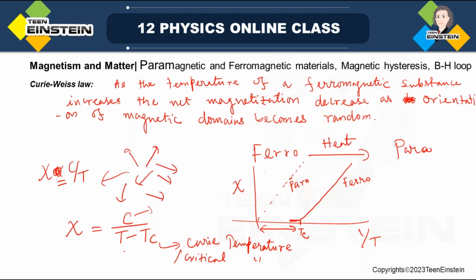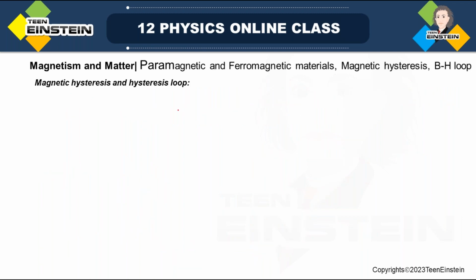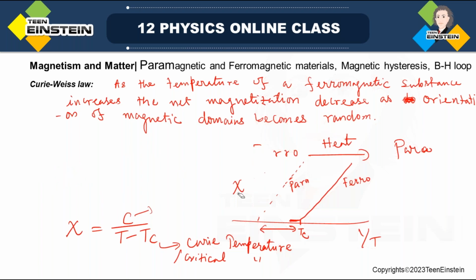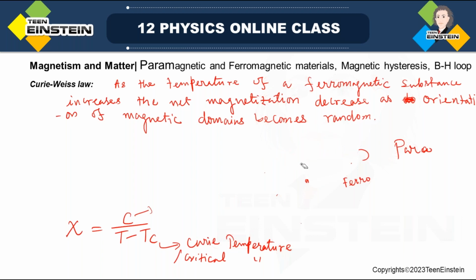All right. So what I wanted to say is that this law is called Curie-Weiss law as well. I'll just remove this and write. So Curie-Weiss law, or modified Curie law, is actually applicable for ferromagnetic material, right?